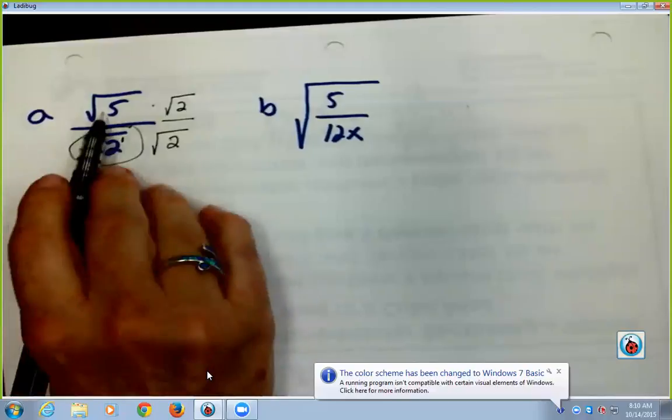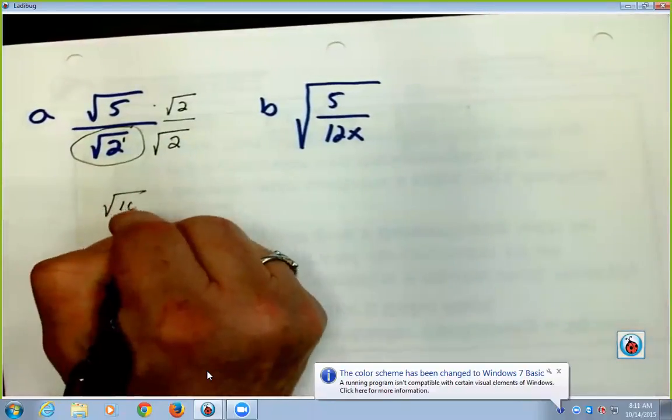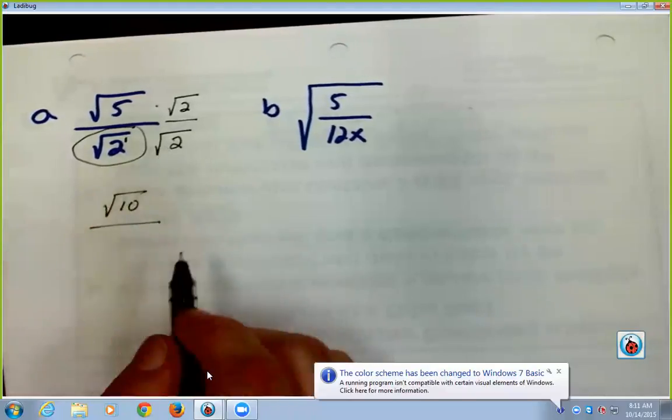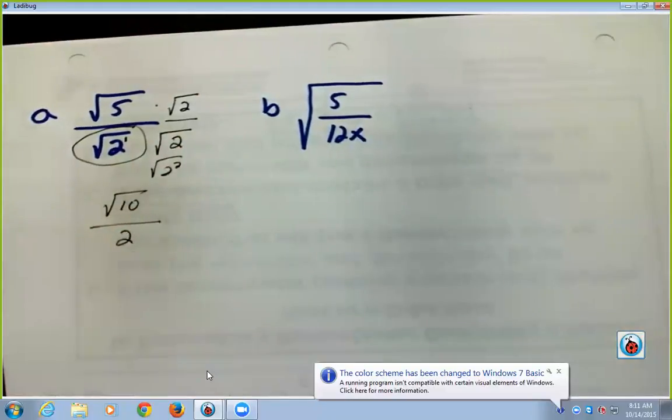And so what happens is the square root of 5 times the square root of 2 gives me the square root of 10. Underneath, the square root of 2 times the square root of 2 is the square root of 2 squared, or just plain old ordinary 2. And so that works out to be the square root of 10 over 2.